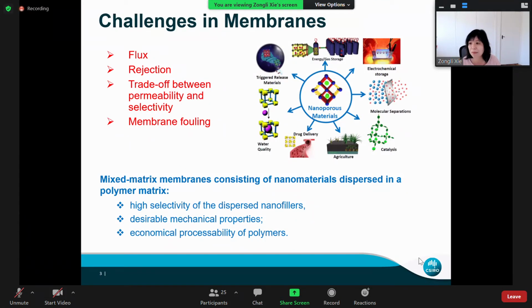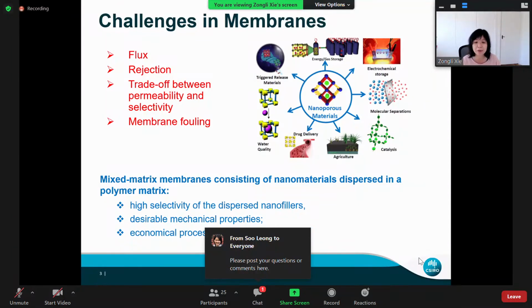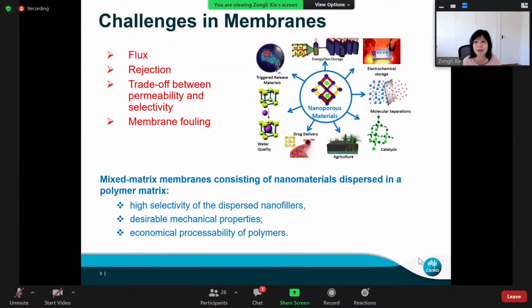The mixed matrix membrane combines the advantages of inorganic nanofillers with the processability of the polymers, because in principle it's very easy to scale up, since the polymeric membrane manufacturing process is very well established. And we can also utilize the unique properties of nanomaterials to achieve the desired high selectivity and desired mechanical properties as well.